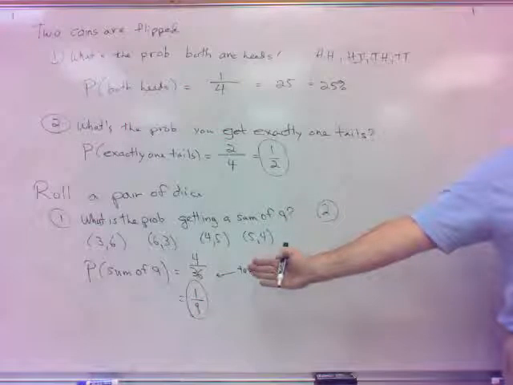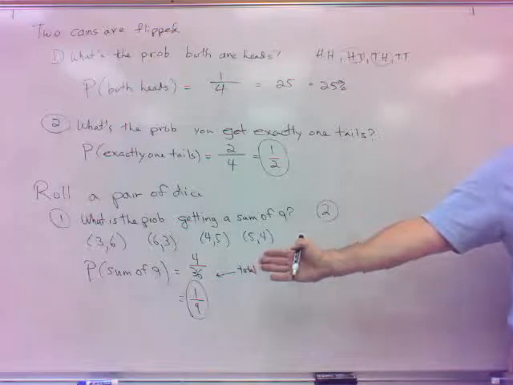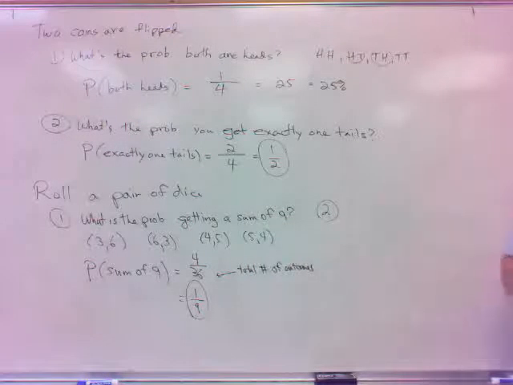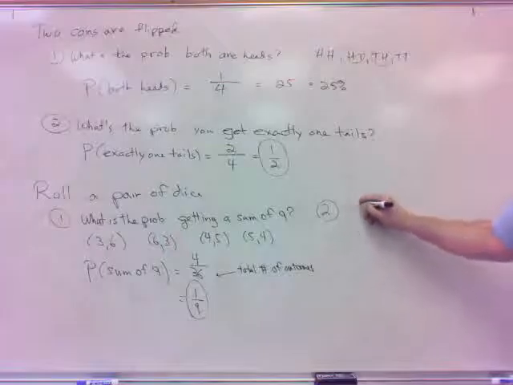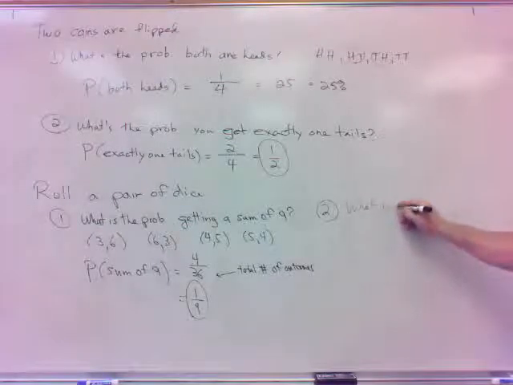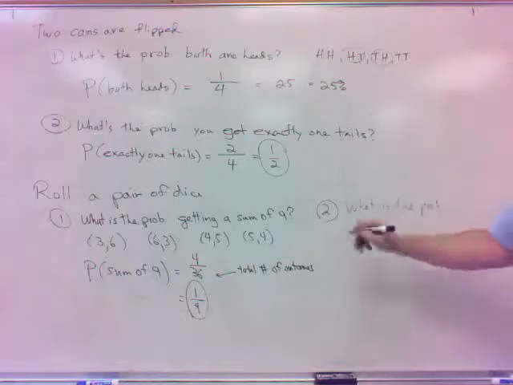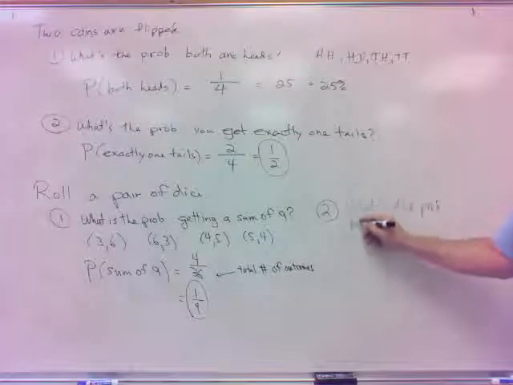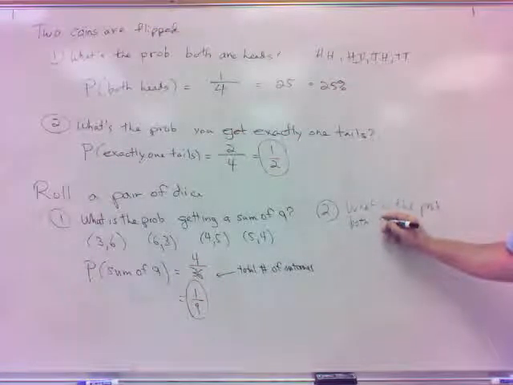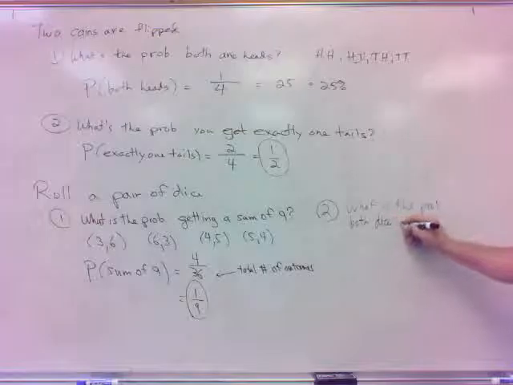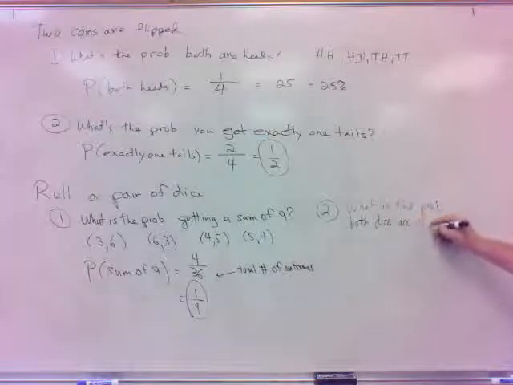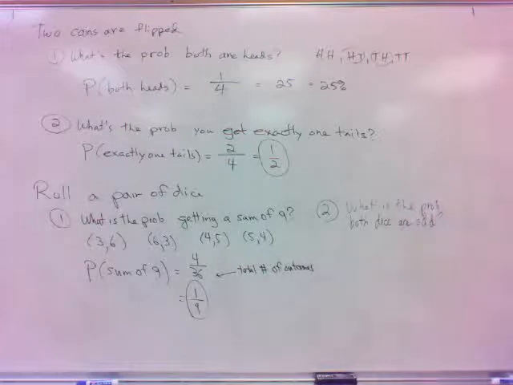And then the bottom is how many possible there are altogether. Let's do another. All right, so what is the probability both dice are odd? What is the probability both dice are odd?